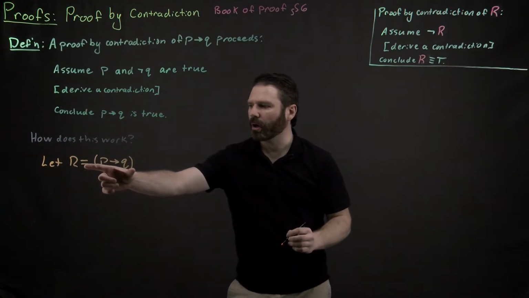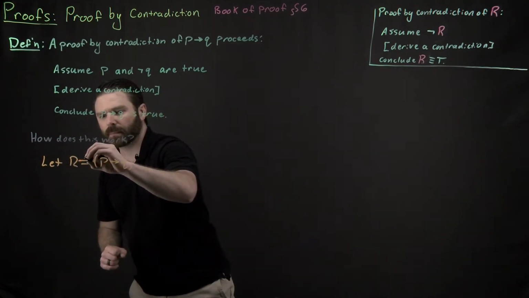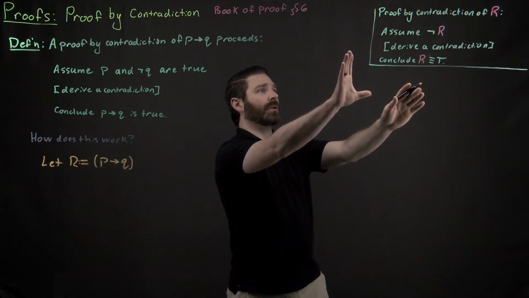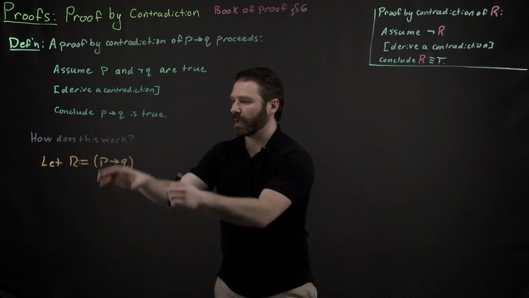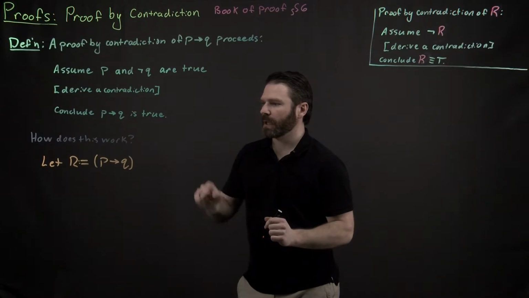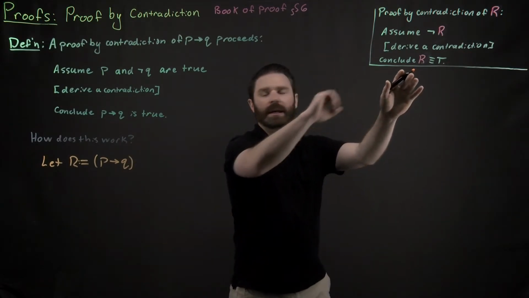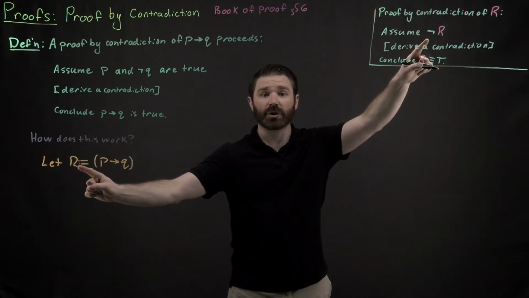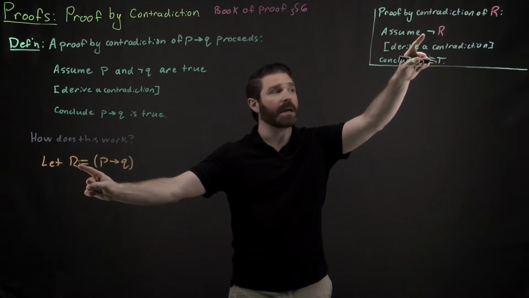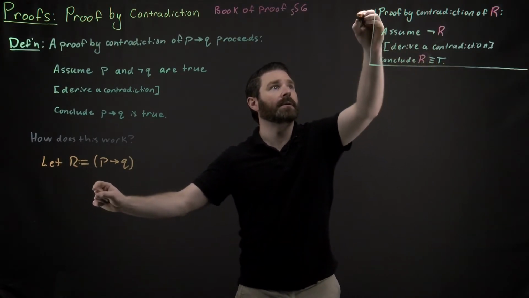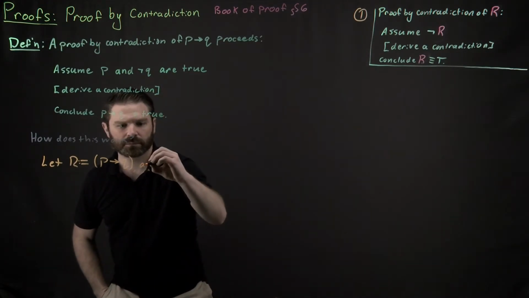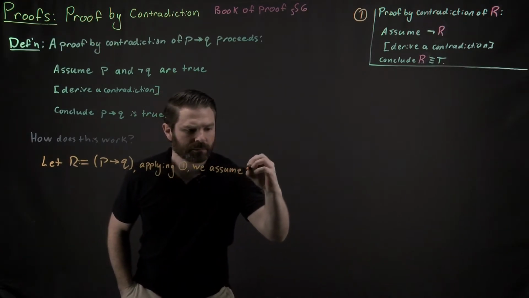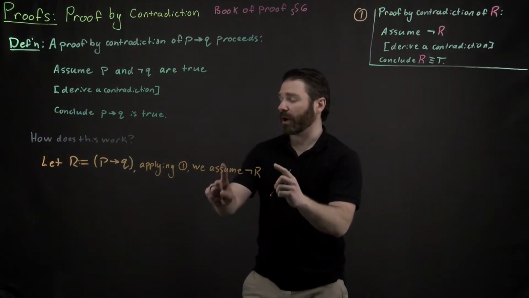So let's let R stand for P implies Q. And let's just apply our original proof by contradiction technique to this statement R. If I wanted to apply this proof technique to that statement R, it says I have to first off assume the negation of it. So applying this flavor 1, we have to assume not R.